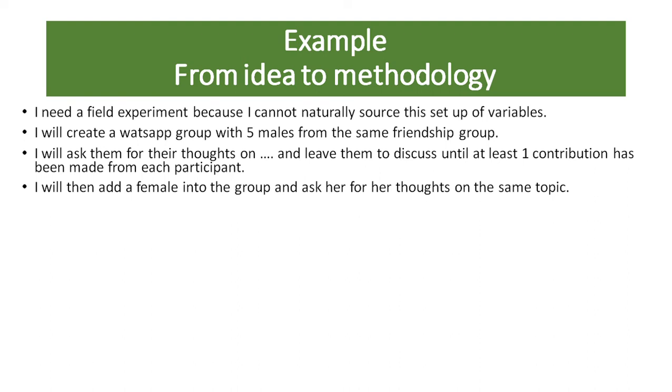I'm going to have a 5 minute conversation with just males, add the female, and then 5 more minutes of conversation with everybody involved. Probably won't work like that. So again, you have to think about potential issues. Now, the good thing with this experiment is, as long as you know enough people, if your first try doesn't give you very good data, you could try again with a different set of people.